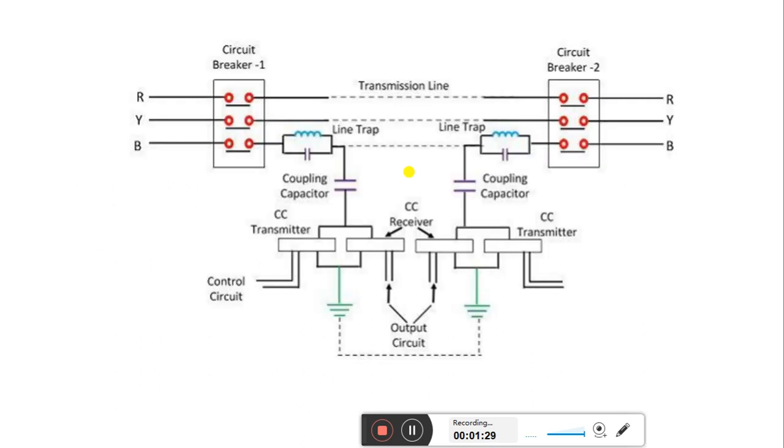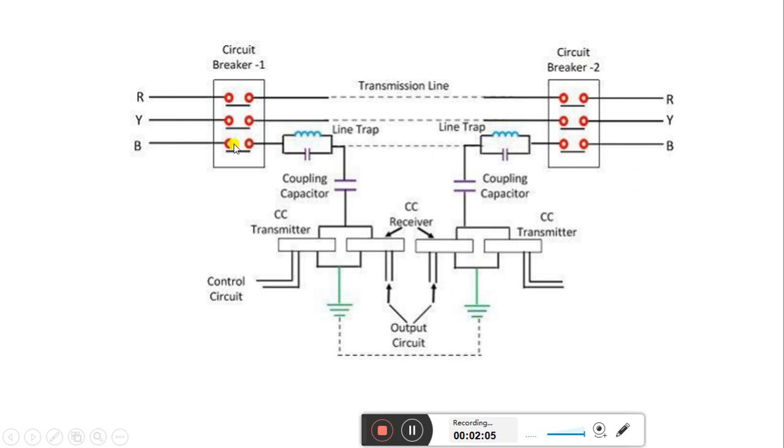So this is the actual diagram of the carrier current protection scheme. We have a three-phase system, see R, Y and B phase here. This three-phase transmission line has been considered here, and circuit breakers have been provided at both ends, that is this end and here also, for protection of the transmission line.